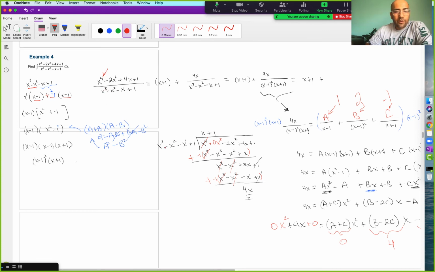So we were able to do polynomial division to break it up into this. So this is here, x plus 1 plus the remainder of 4x over the divisor. Okay. Now that divisor is factorable this way, so we just replace this with that. And then we just did a whole bunch of work to figure out that this fraction can actually be separated into the summation of these three fractions with these constants.